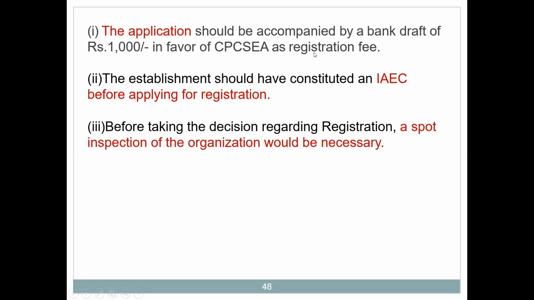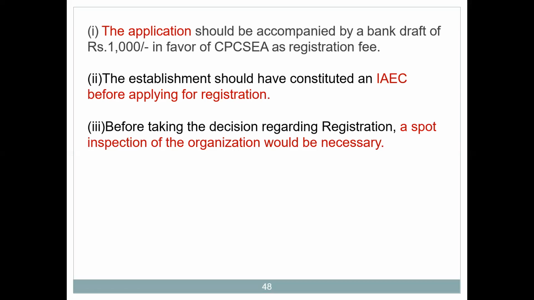If you want to send a research proposal to the CPCA, the establishment should have constituted an IAC before applying for registration. So the establishment should have constituted the IAC before application and registration. So this IAC committee prepares the reports and sends them to the CPCA, and then the registration is given.